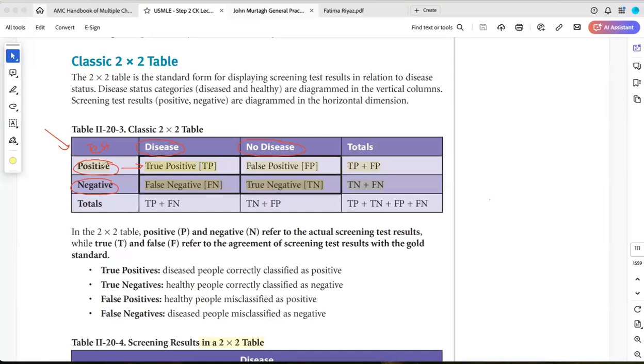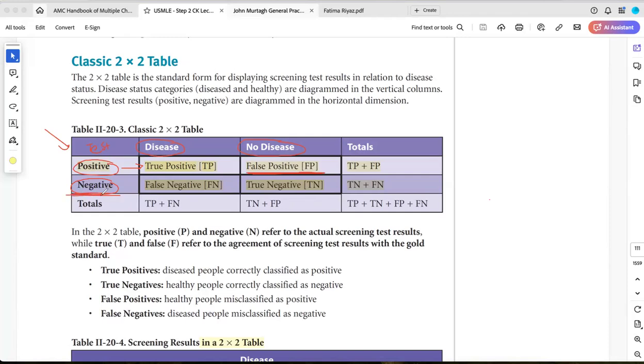Okay, test said that yes, you are positive for something, but the patient was not actually diseased. So the test was falsely positive because the test said that yes, you are positive for a disease, but the patient actually did not have it. So that's a false positive test.